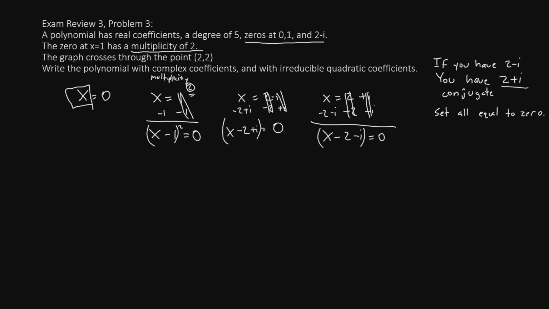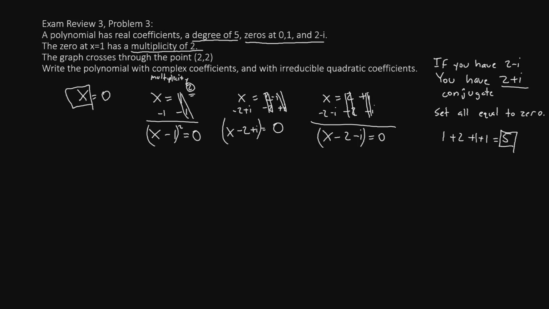So if we count the degrees we have, this x is first power, this (x minus 1) is second power, this factor is first power, and this factor is first power. So we have multiplicities of 1, 2, 1, and 1, giving us a total of 5. That matches the degree we were told in the problem.